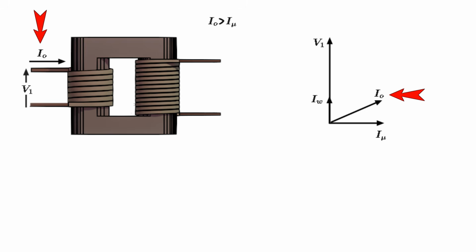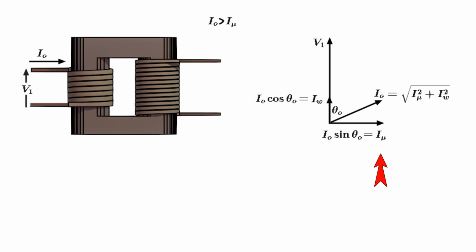So I0 equals the vector sum of Iμ and IW. The angle between the no-load current I0 and the supply voltage V1 is theta 0. Hence, I0 cosine theta 0 equals IW, the core loss component of the no-load current. I0 sine theta 0 equals Iμ, the magnetizing component of the no-load current.